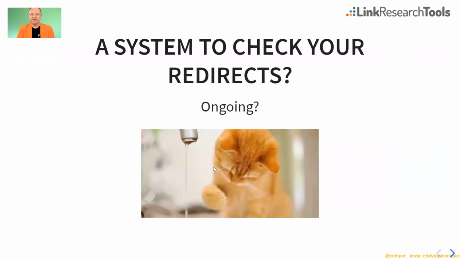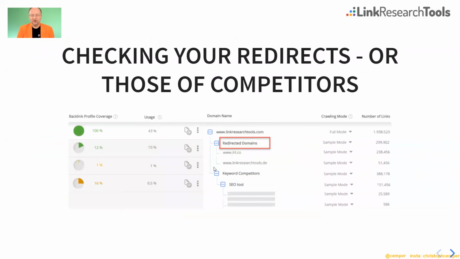You have a system in place to check your redirects ongoing. Well, Link Research Tools and Link Detox will support that. Link Detox Smart already is checking redirects because you need to disavow them, potentially.